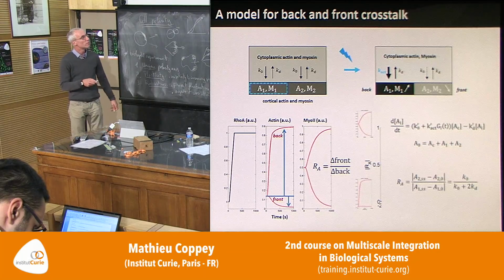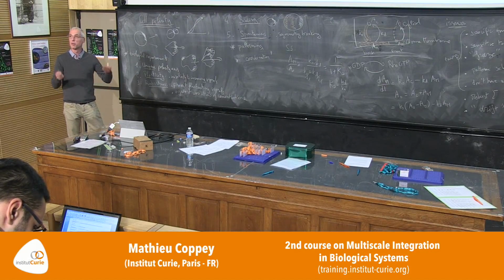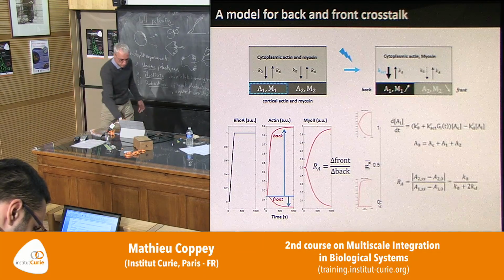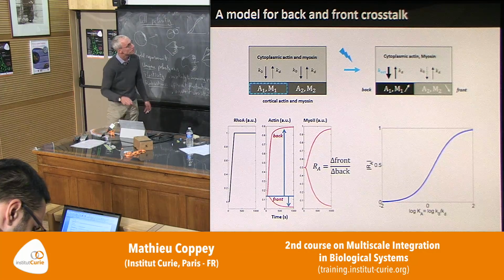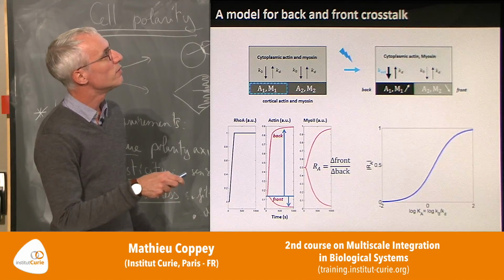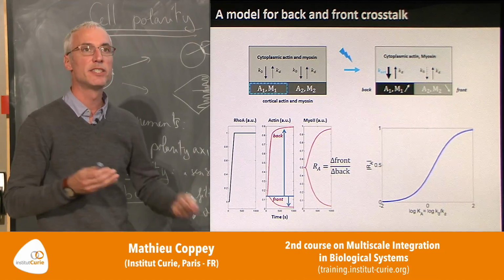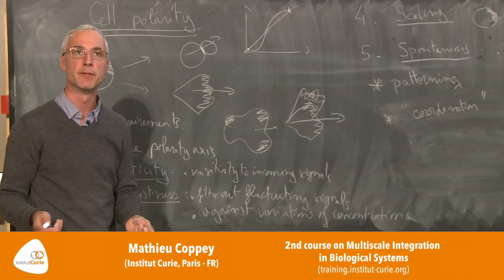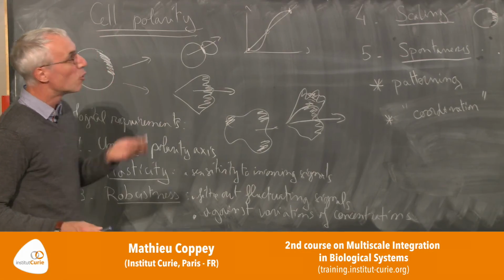You find that this number, which tells you the kind of homeostasis, is a number between 0 and 1, and is just a function of these rates. The more you are on the membrane, the more you are going to have this effect. And 1 is maximal, so when everything is on the membrane, you have the maximum balance between the two compartments. And that's the whole idea of this model.